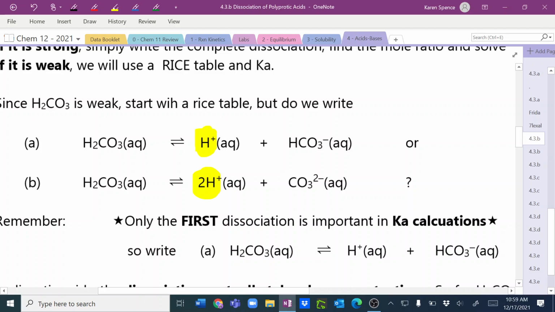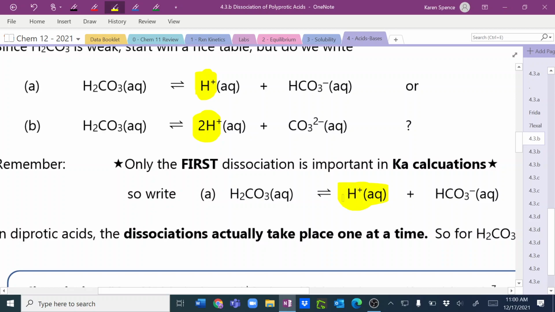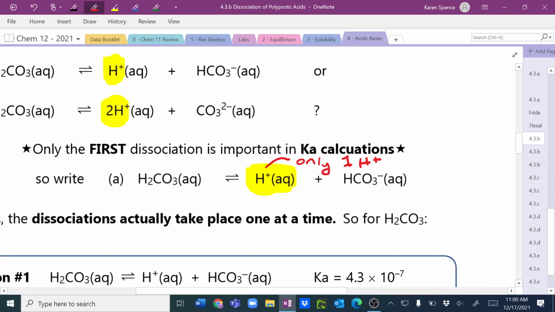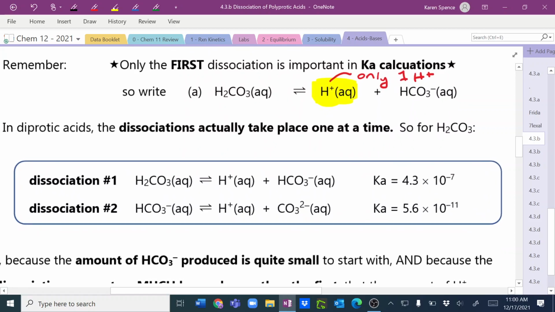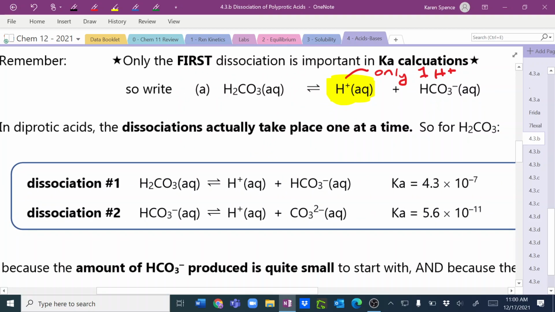Okay. Only the first dissociation is important, which means that you only take off how many hydrogens? 1. Okay, so just 1 hydrogen. Now, how do these actually take place? Well, in reality, there is dissociation number 1 where one of the hydrogens comes off.